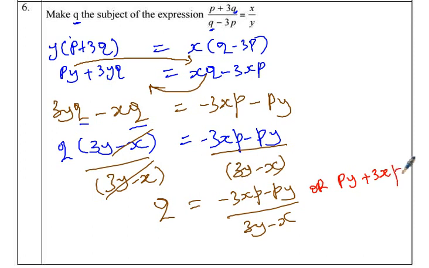Do not be scared if this is the answer that you have, okay? Like that one there. That one is still okay. When you look at this answer, it's like if I multiply the numerator by a negative sign and I multiply the denominator by a negative sign. So this answer is also very okay. Actually, it's the same.